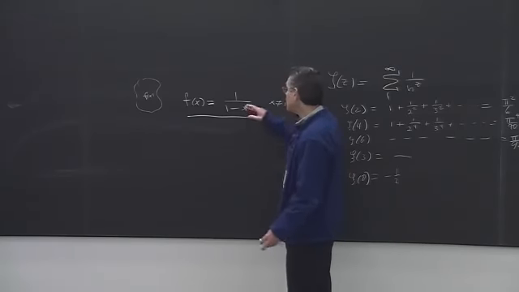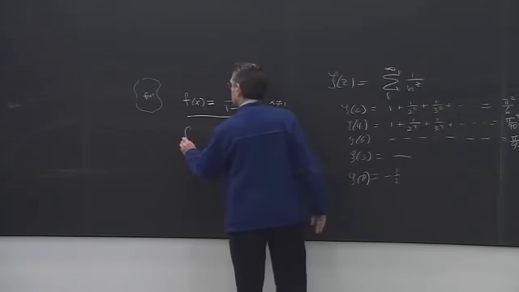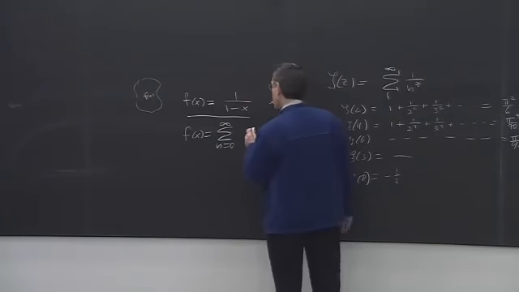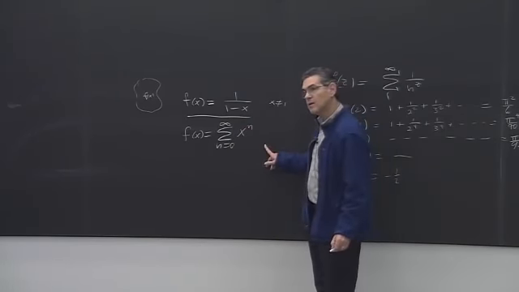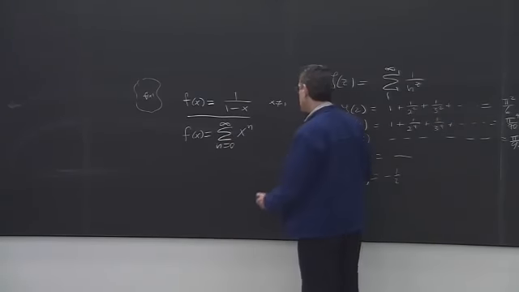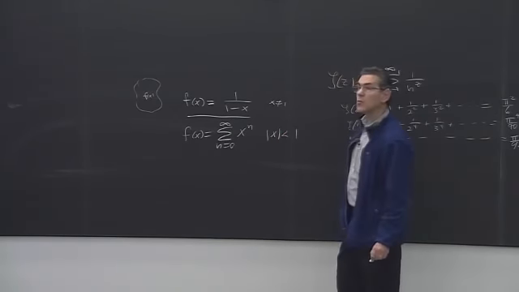But I might give you another representation of the function. I might say the function is represented by a series of the form sum from 0 to infinity of x to the n. Now, this representation is only valid when x is in absolute value less than 1.